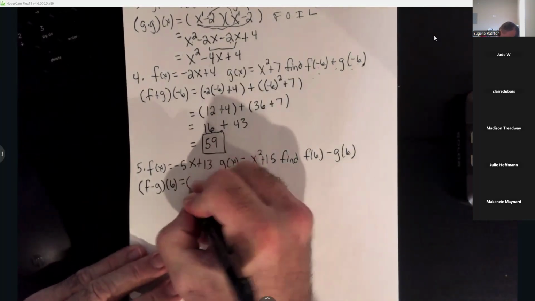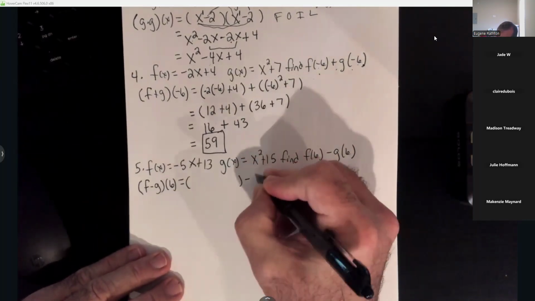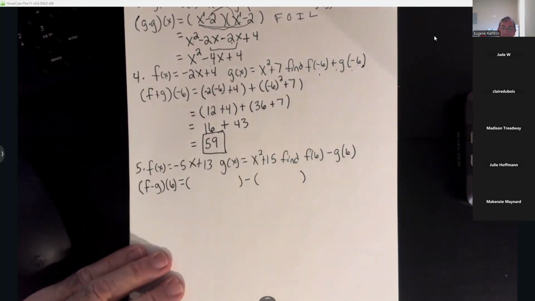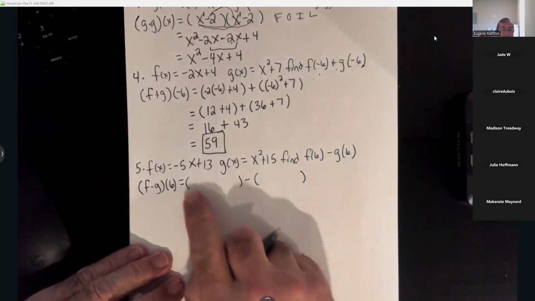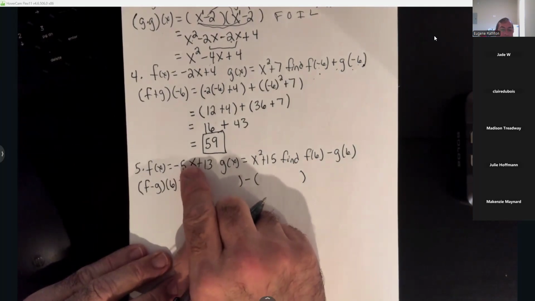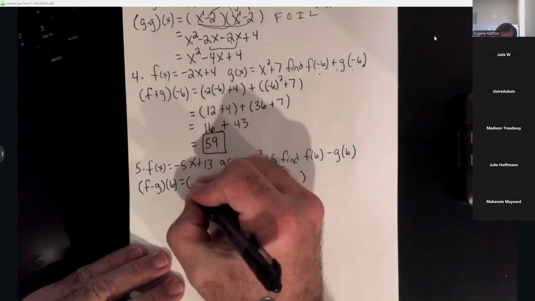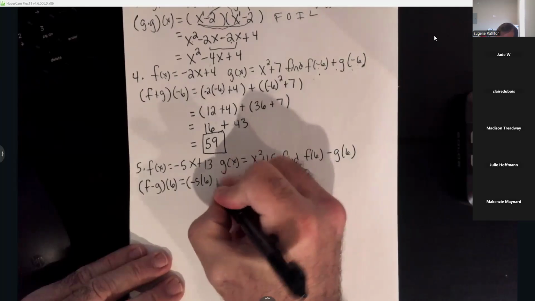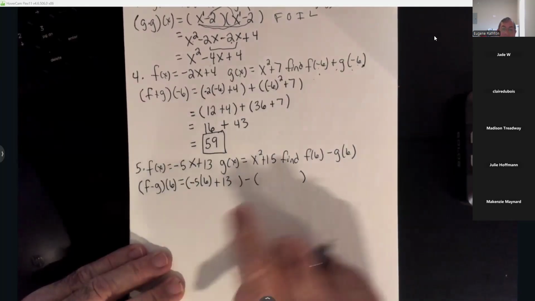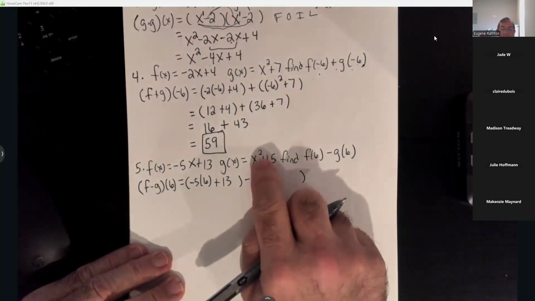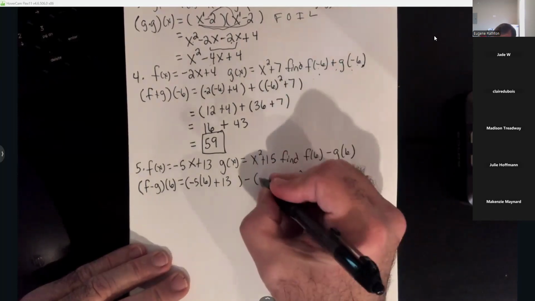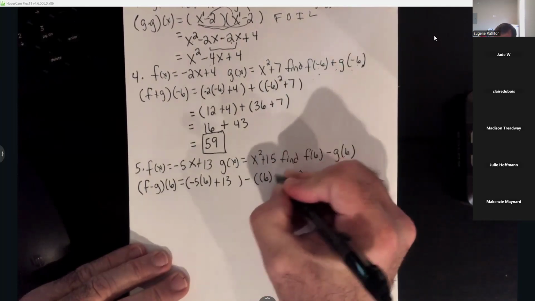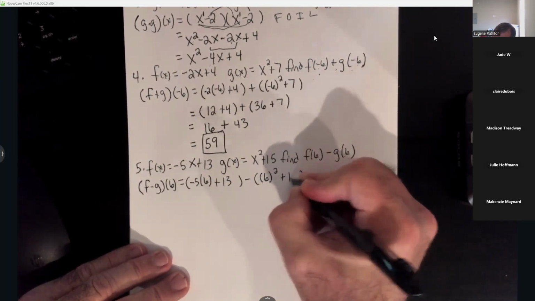So that's going to equal our f minus our g. All right, so f, I'm going to put a 6 in for that x. That's going to give me negative 5 times 6 plus 13. g, I'm going to put a 6 in for that x. And that's going to give me a 6 squared plus 15.